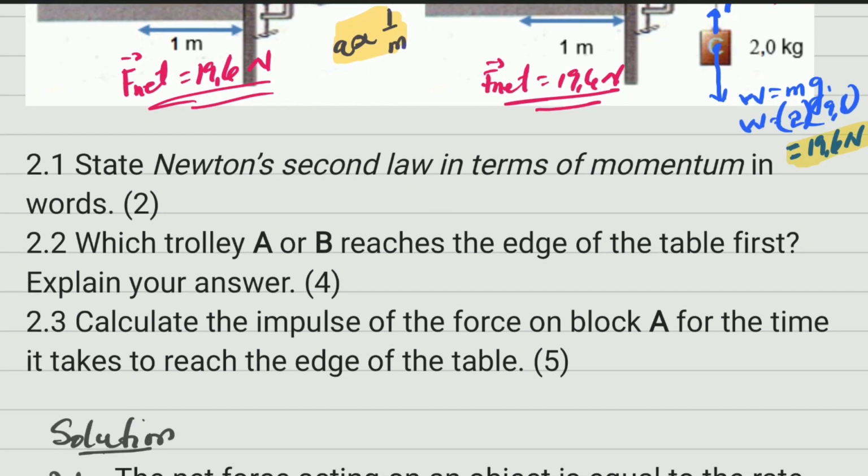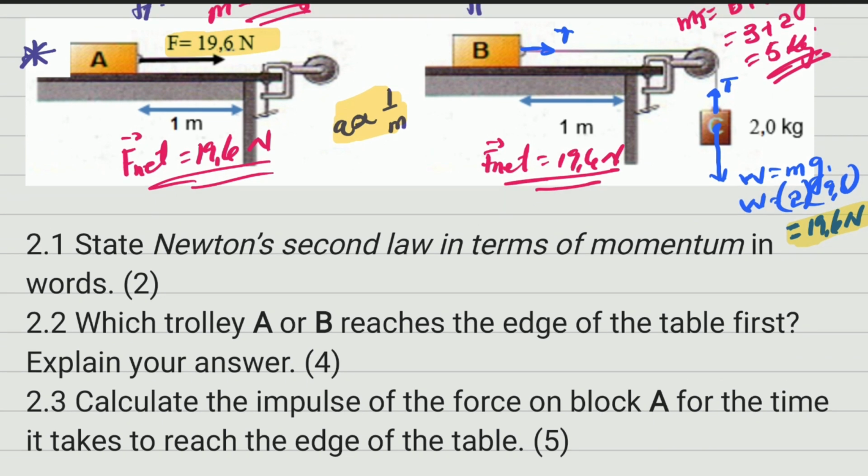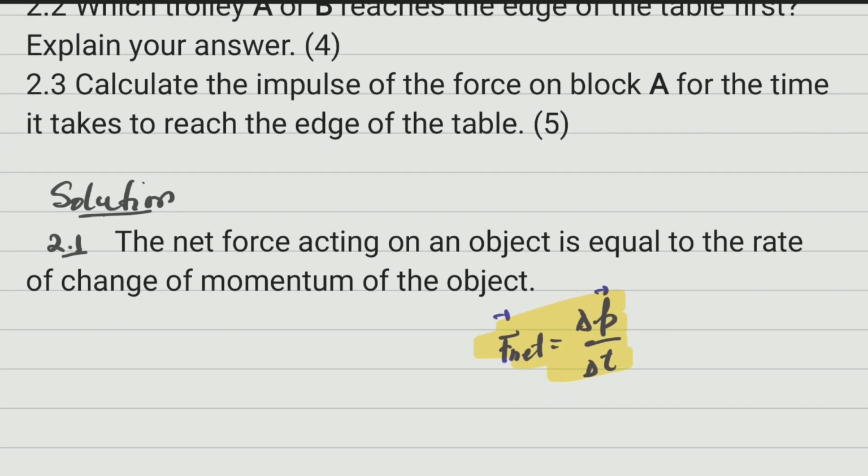Now, question 2.3, calculate the impulse of the force on block A for the time it takes to reach the edge of the table. So we're going to work with this side here, with this specific point there. And let's quickly, first of all, write the formula for impulse.